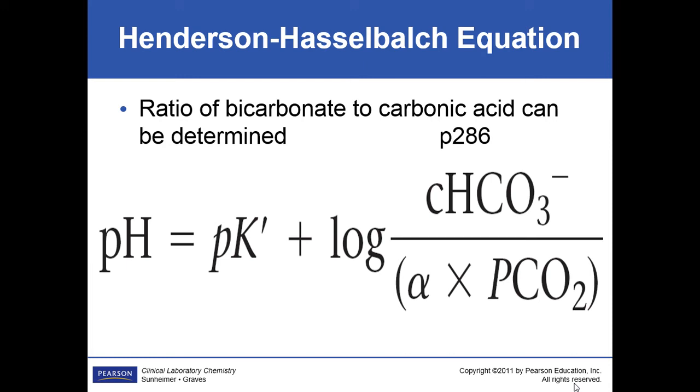But I just want you to look at this formula, but we're going to make it a little simpler than this. So you don't have to remember it exactly like this. We're going to make a few changes. This is a constant, the alpha, times, and this should be a small p, the pressure of your carbon dioxide. It's actually equivalent to carbonic acid. Okay? So you can kind of see how total CO2 or the carbon dioxide pressure is related to carbonic acid.